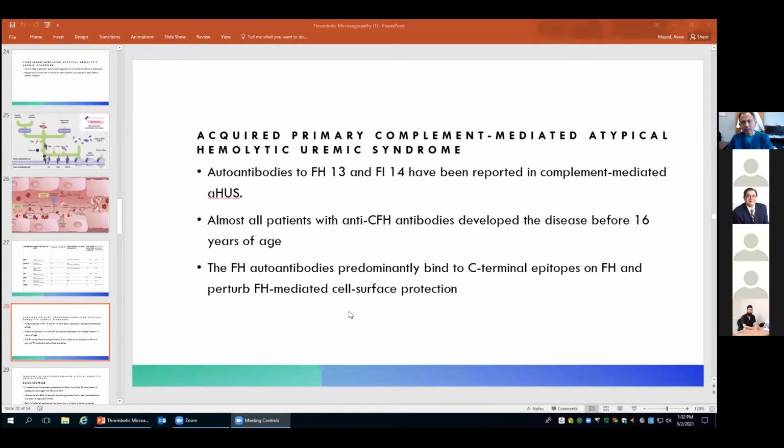But sometimes there are acquired causes, when antibodies are formed against the factors that regulate the complement system, such as antibodies against factor H or factor I. Those are acquired causes of complement-mediated HUS, which is much less common. So TTP is most of the time acquired, while complement-mediated HUS is most of the time congenitally or inherited.